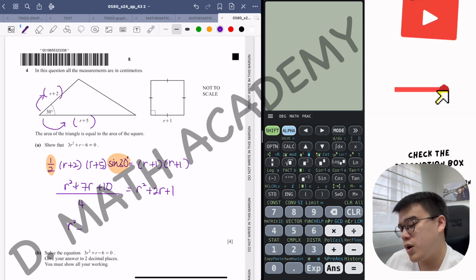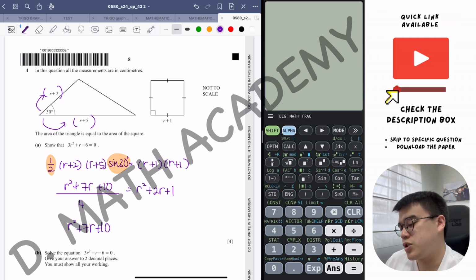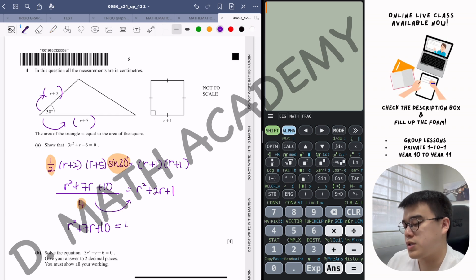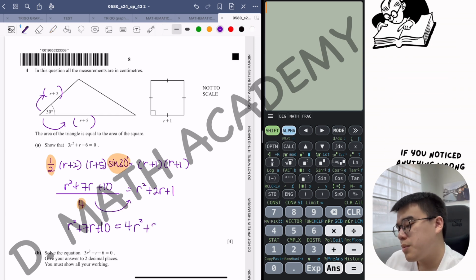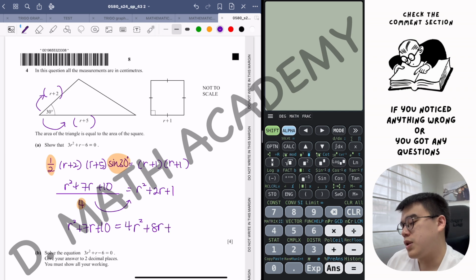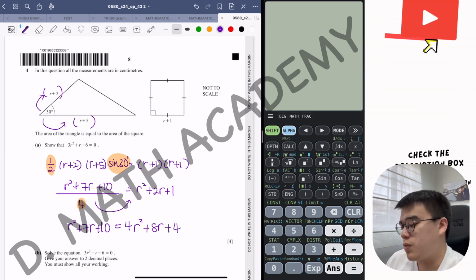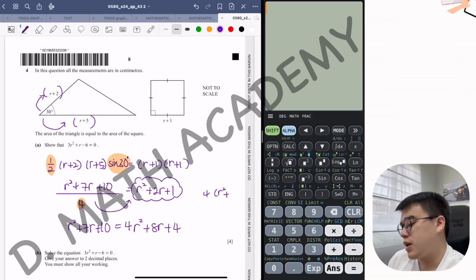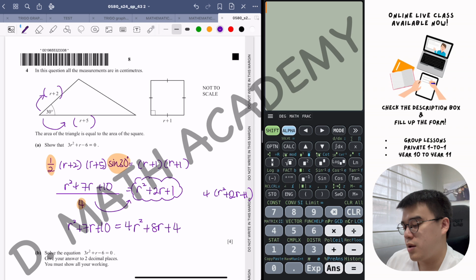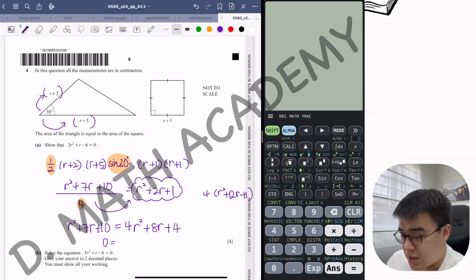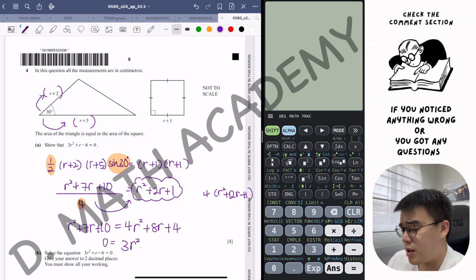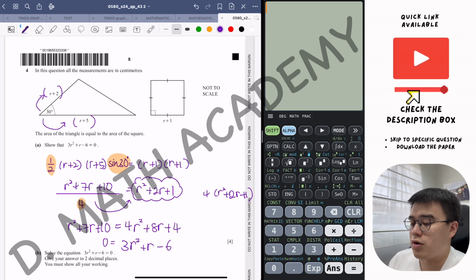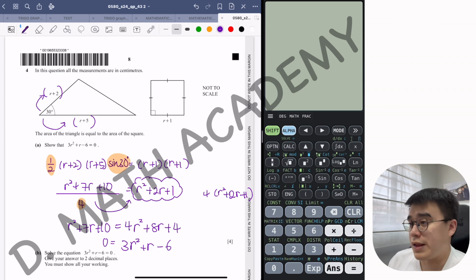To remove the denominator of 4, I'm going to multiply it to the other side, making it 4r squared plus 8r plus 4. There's a 4 with everything covered in it, so we adjust everything, making it 3r squared, r, and negative 6. This is how you prove what they want here.